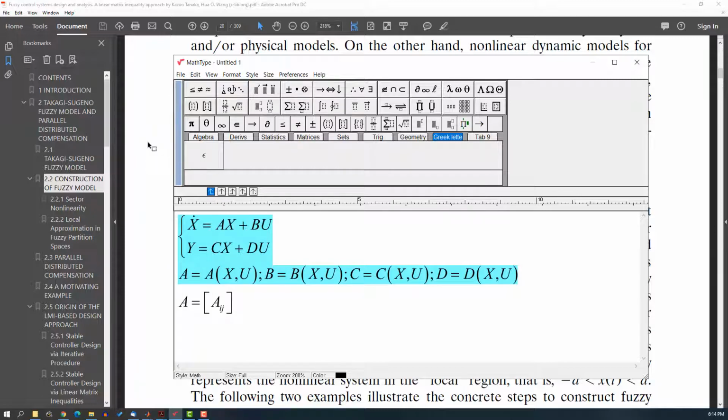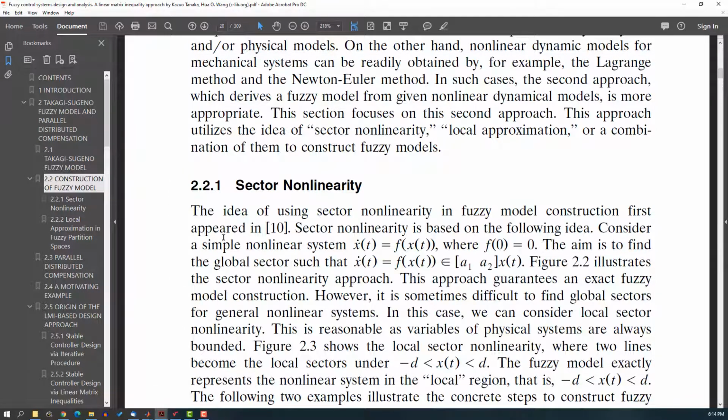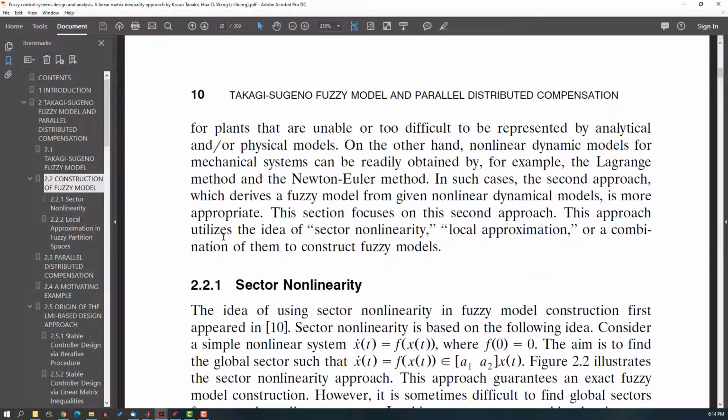That methodology is based on the so-called sector nonlinearity.